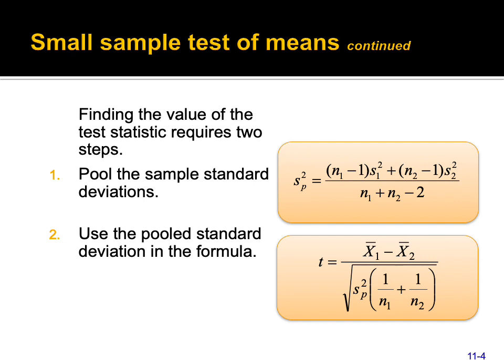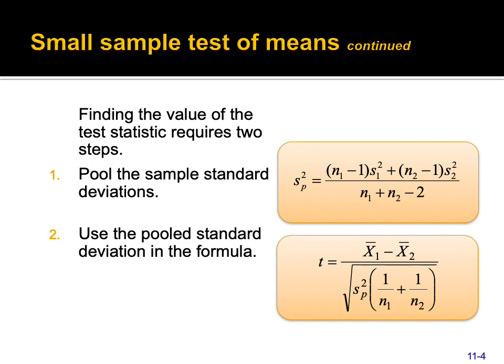We take the sample size of each group, so n1 minus 1 times the variance of sample 1, plus n2 minus 1 times the variance of sample 2, divided by n1 plus n2 minus 2. This denominator, n1 plus n2 minus 2, is in fact the degrees of freedom for this problem. So when you look at your t-table, this is the degrees of freedom you're going to be using, n1 plus n2 minus 2 for the pooled t-test.